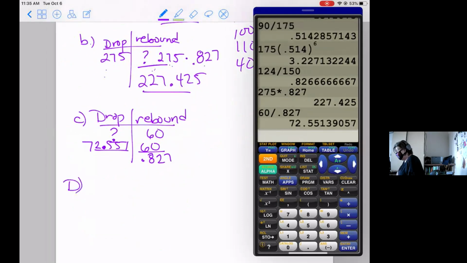Part D. Suppose the ball is dropped from a window 200 meters up the Empire State Building. What would you predict the rebound height to be after the first bounce? So it's dropped from 200. What would be its rebound?